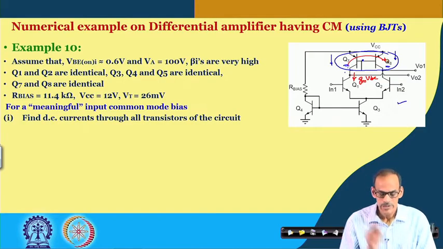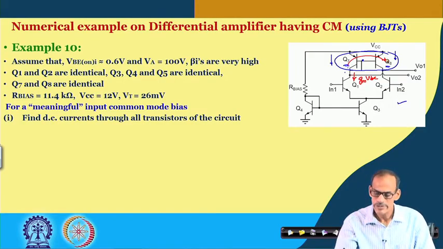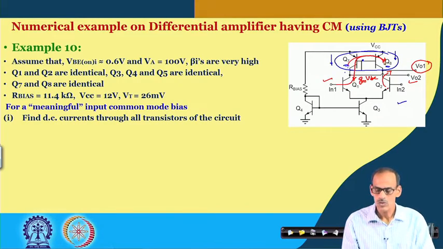So, it is expected that the signal, whether the differential signal or common mode signal, will be arriving to this output through transistor 2 as well as through transistor 1 and then through the current mirror. So, we will see the consequence in this numerical example.